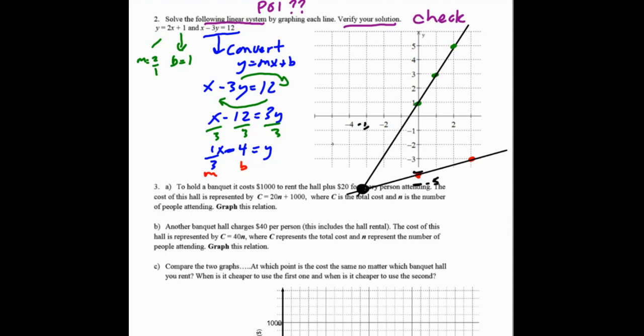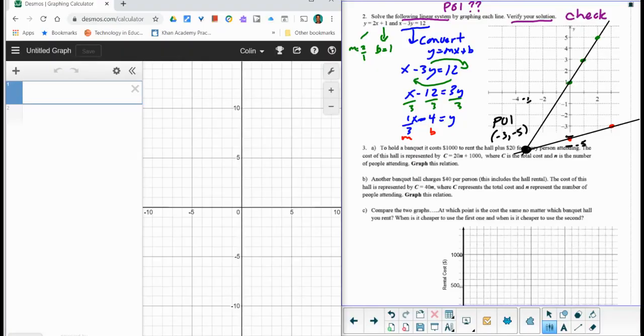So let's estimate that the POI is -3, -5. I guess we could have figured it out if we just kept going along this pattern. I've just loaded up Desmos, and that could help us. So let's try this out. It's because we fell off the map here.